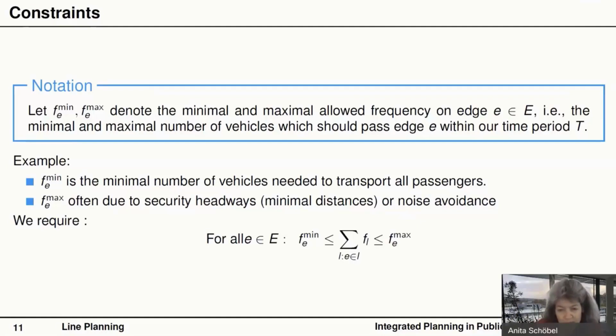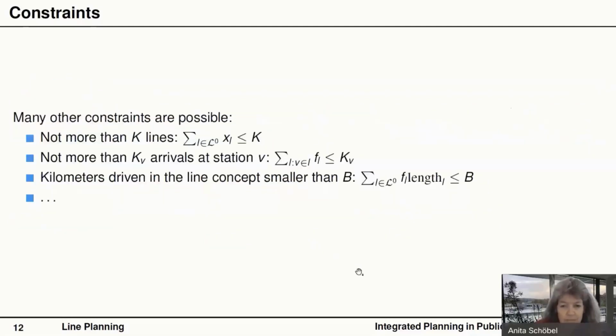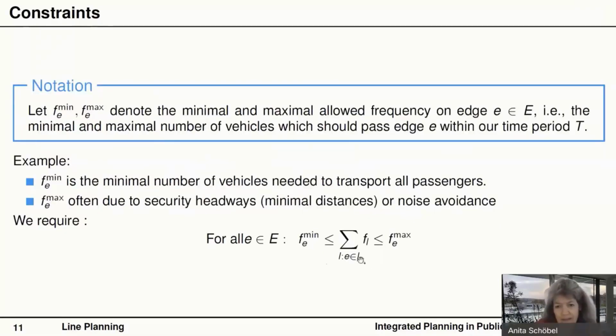So what does it mean in this formula? As variables, we have already seen that we want to use the frequencies of the lines. If you want to see whether the number of buses along edge E fits into the interval between the minimal and maximal frequency allowed for the edge, you have to go through all lines in the line pool, and you are only interested in lines that cross our edge E. These lines have to be counted, and for these lines you add the frequencies.